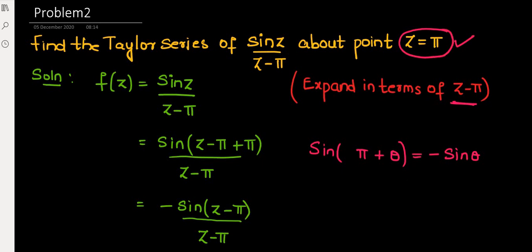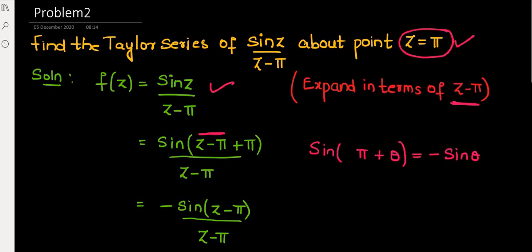So make sure your terms must contain z - pi. Now what we are going to do is, we are going to manipulate the given function by adding and subtracting pi. So we get z - pi + pi. Make sure z - pi is always grouped together, because we need the terms containing z - pi. Now make use of this identity.